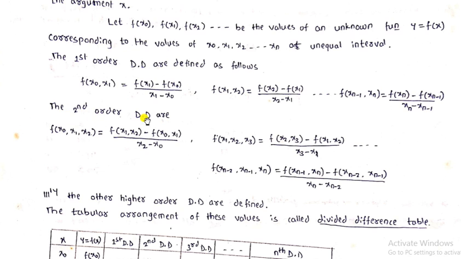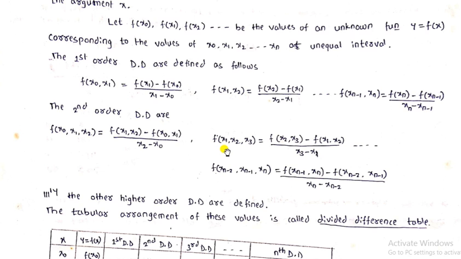Then the second order divided differences. Here we use three terms x0, x1, x2, and the formula becomes f of x1 x2 minus f of x0 x1, whole divided by x2 minus x0.